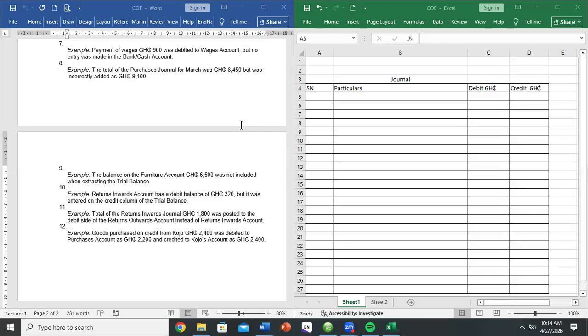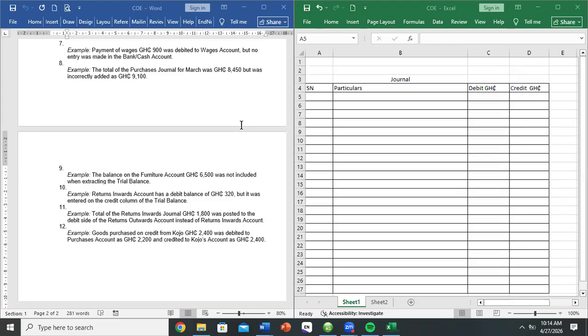If they mention maybe sales, but they don't mention specifically whether it is cash or bank, do you automatically choose cash, or do you write cash book there, because most of the questions are done that way?